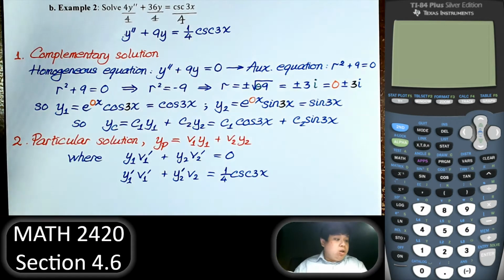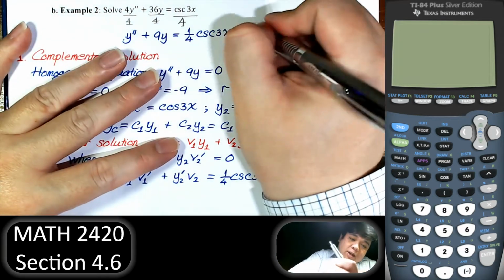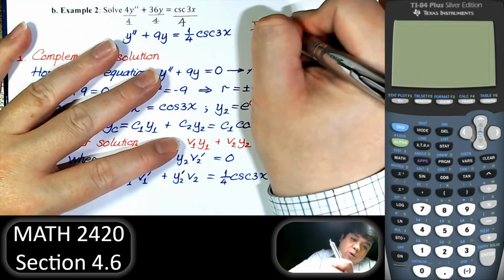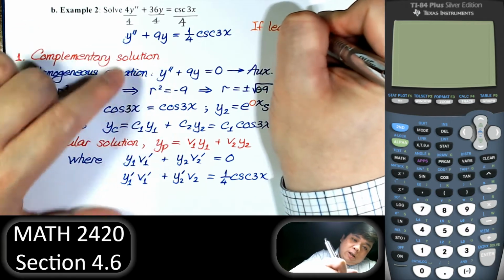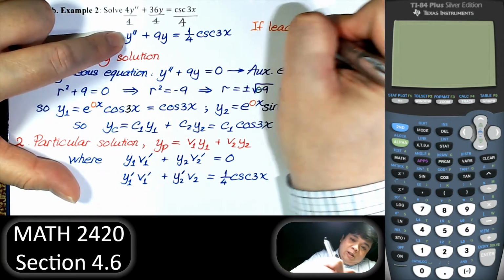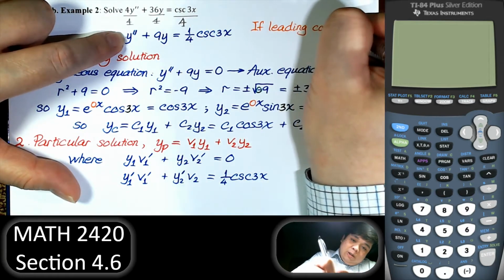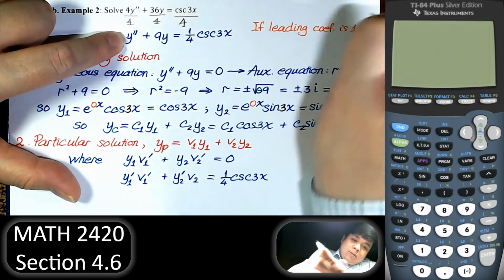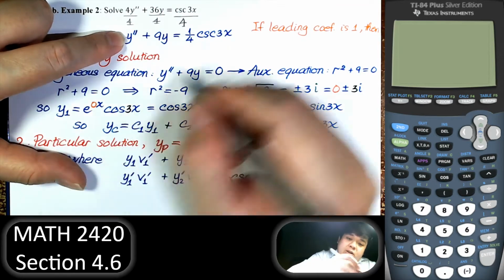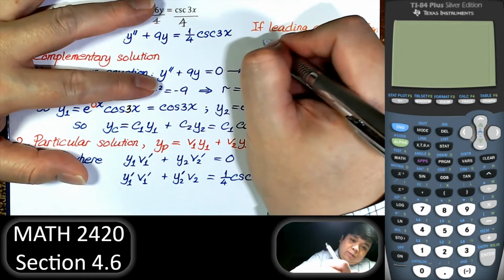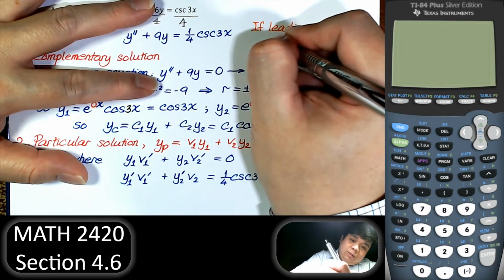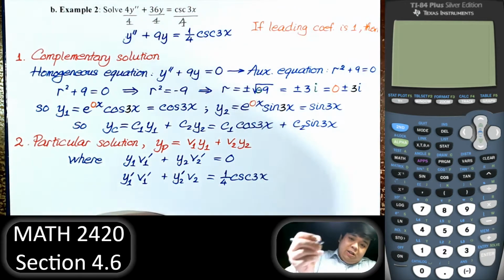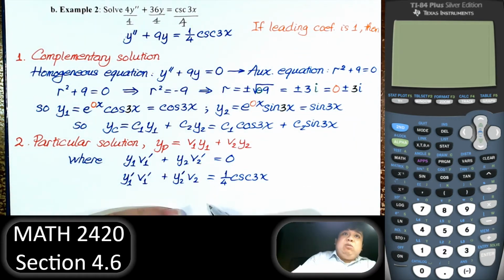So it's important to write a note here. If the leading coefficient is 1, then this is the input function and will be equal to this. Don't have to do anything else.